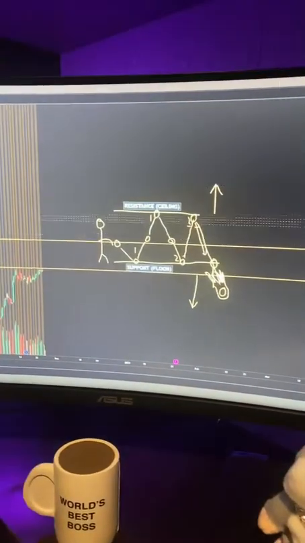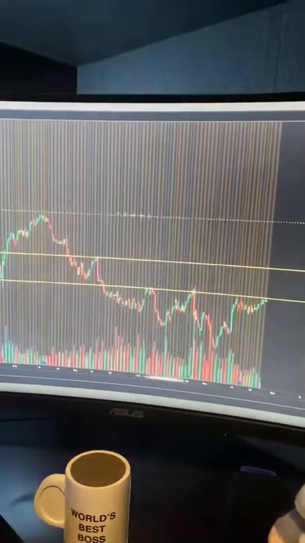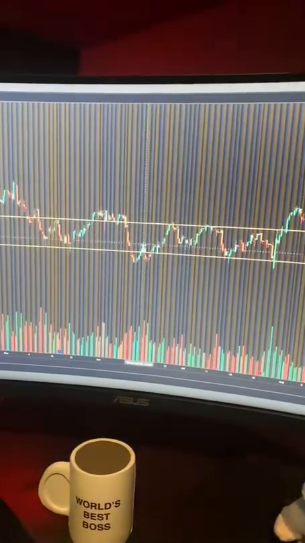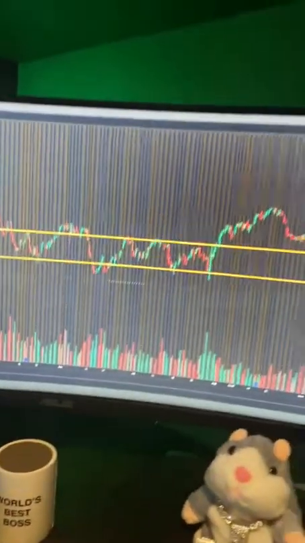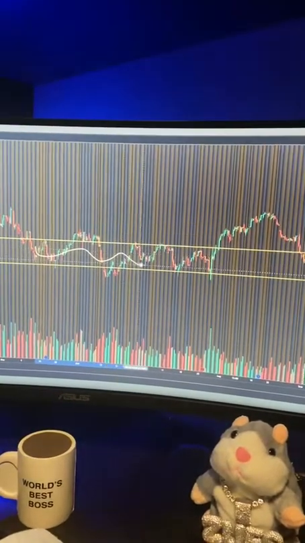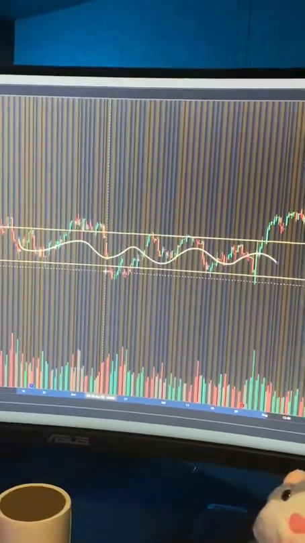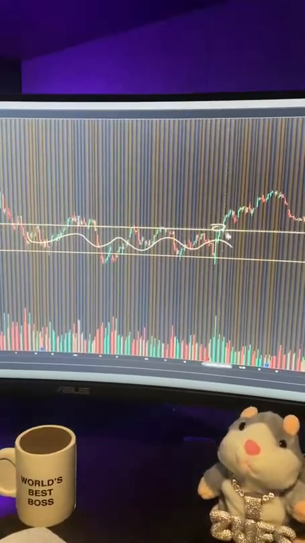It's basically support and resistance up here, and the price is just bouncing in between. So you have a support and you have a resistance. This whole little consolidation or range, it's a range. And remember what I said, we're going to be patient and wait for price to either break up or down.